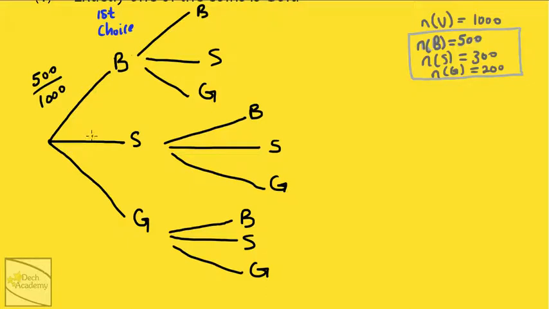The probability here is the probability of picking a silver coin the first time. That's 300 out of 1000. Here it's picking a gold coin the first time, and the probability is given by the total number of gold coins divided by total number of coins, 200 over 1000.